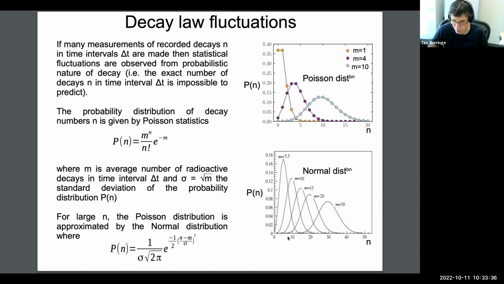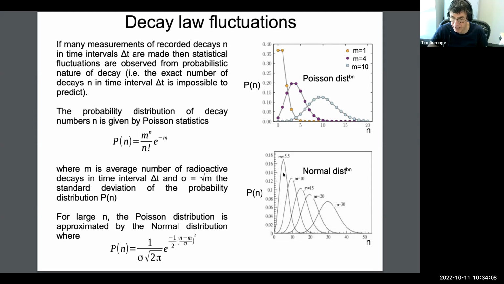On this plot, I've got the number of decays along the horizontal axis again, and the probability of getting that number of decays on the vertical axis again. So the same axes. And I'm plotting the distribution of those decays for a mean of about 5, through a mean of 10, 15, 20, to a mean of 30.